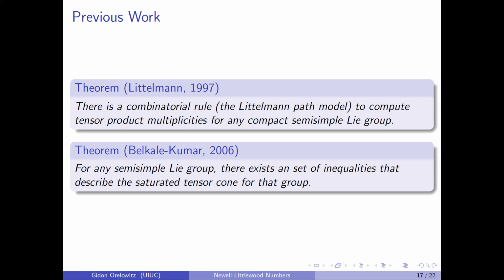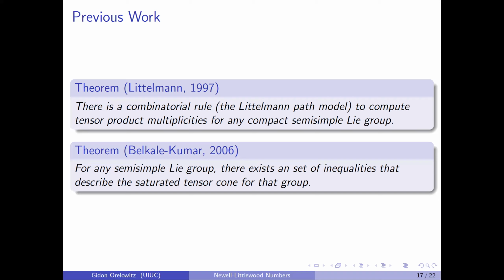And specifically, the Littelmann path model also does this outside of the stable range. For this talk, the Newell-Littlewood numbers live entirely in the stable range, because we know some weird stuff can happen beforehand, and the Littelmann path model calculates even that. So in a sense, that completely solves the problem of these Newell-Littlewood numbers in the same way that the Littlewood-Richardson rule completely solves the Littlewood-Richardson problem.